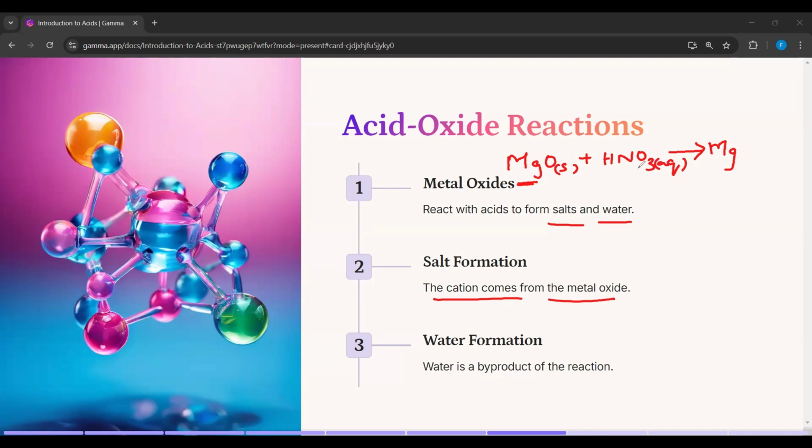So what is the anion that we will get in the salt? It will be nitrate, NO3, 2. So Mg(NO3)2 plus, of course, it's a neutralization reaction, so you will have water produced. So this is also aqueous. The salt is also aqueous, and water is liquid. Now, how do we get the water? Water is a byproduct of the reaction.